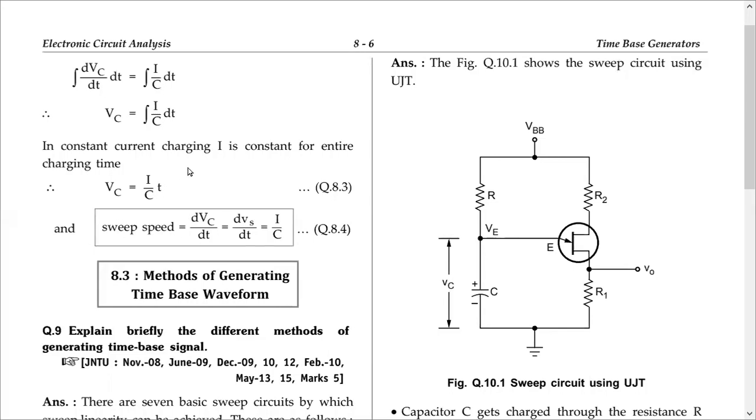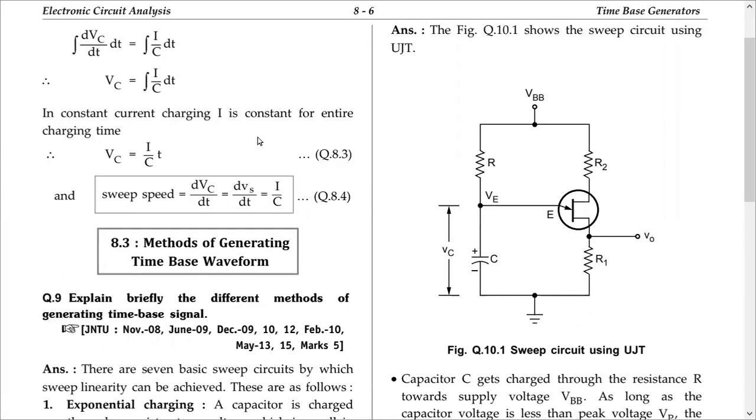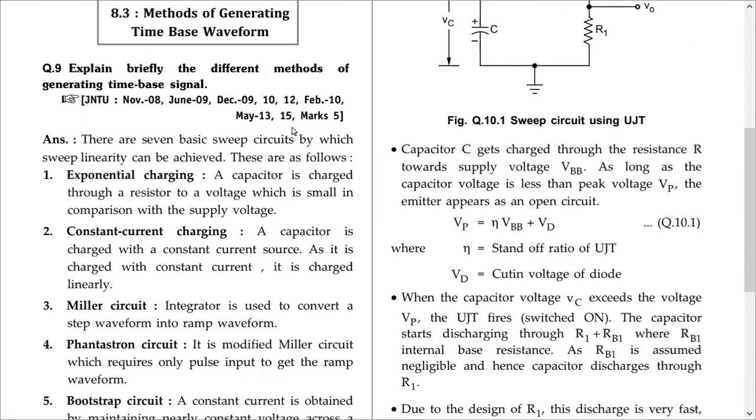So the trick is this: we can achieve linearity by using the technique where we charge the capacitor using constant current. Then, what are the different methods of generating a time-based signal? What do we mean by a time-based signal? There has to be linearity with time.